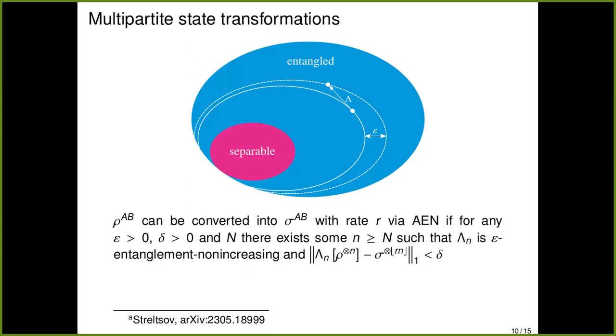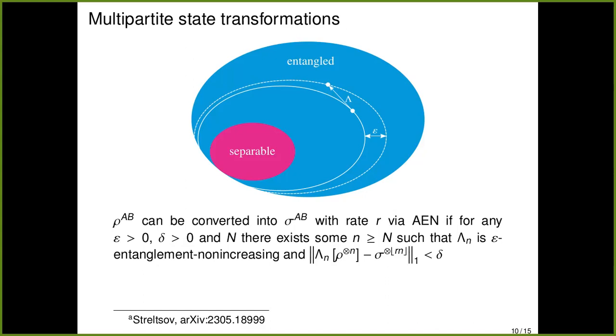Yeah, and now we can also talk about conversion rates. A state rho can be converted into a state sigma via these asymptotically entanglement non-increasing operations if for any epsilon and delta and N, there is a small n bigger than N, such that lambda n is epsilon entanglement non-increasing and this condition is fulfilled.